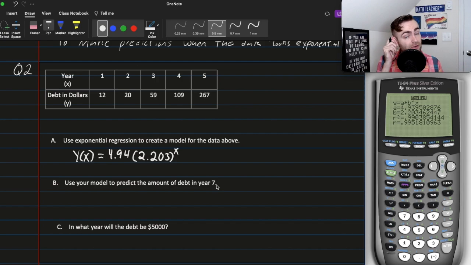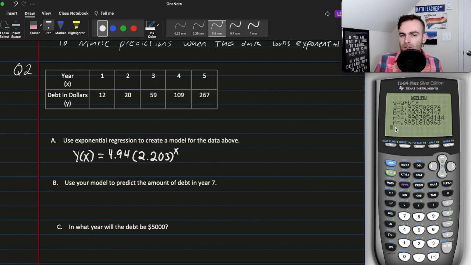So when we write ours out, that's all we really need to write if I ask you for an equation. But it's always nice to have more accurate data. So that's why we're storing it, because we have all these lovely decimals that we can keep, and we don't have to write them down.